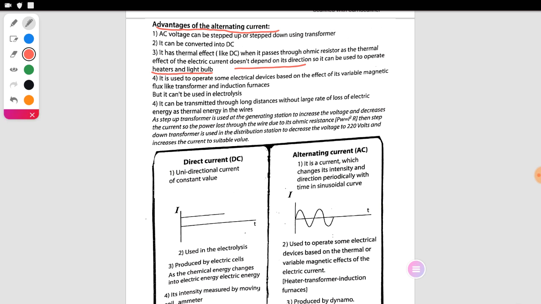A step-up transformer is used at the generating stations to increase the voltage and decrease the current, so the power lost through the wire due to the ohmic resistance, equal to I squared R, is small. Then a step-down transformer is used in the distribution station to decrease the voltage to 220 volts and increase the current to a suitable value.